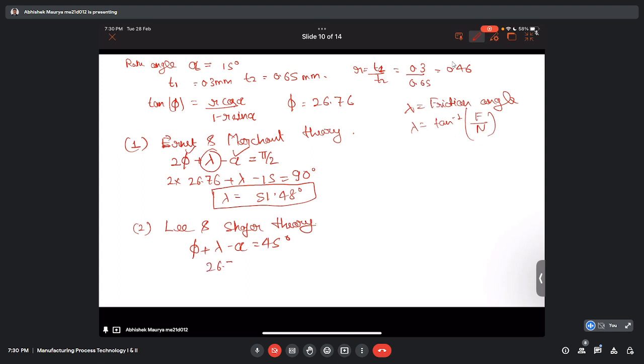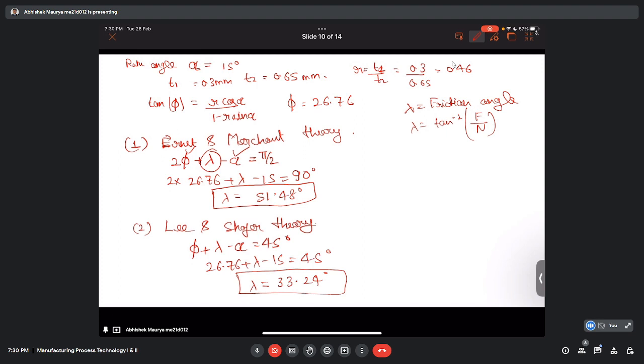So we will put 45 degree. So finally we will get lambda is equal to 33.24 degrees.